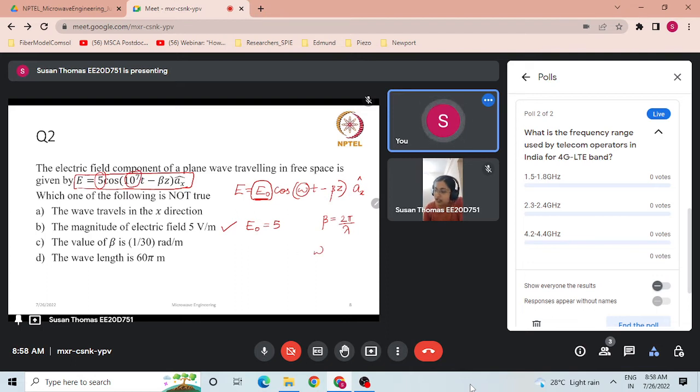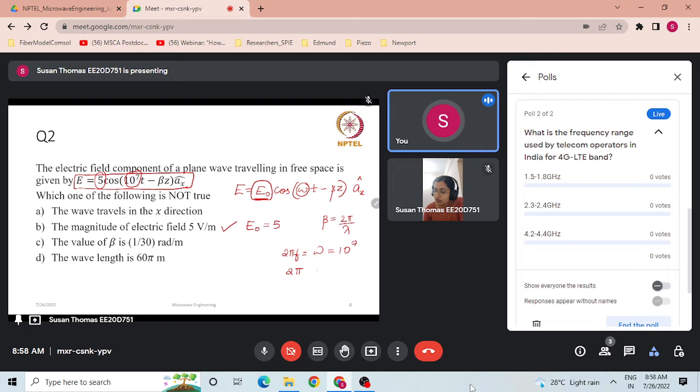So omega is equal to 10 power 7, which is actually 2 pi f. Or else we can write it as 2 pi into c by lambda is equal to 10 power 7.